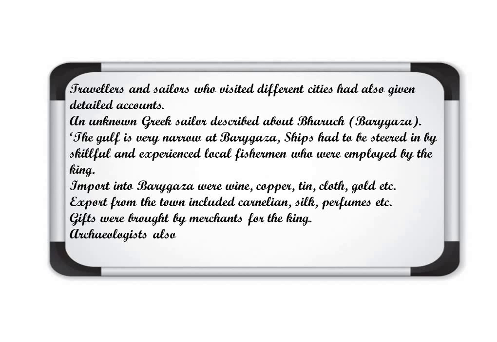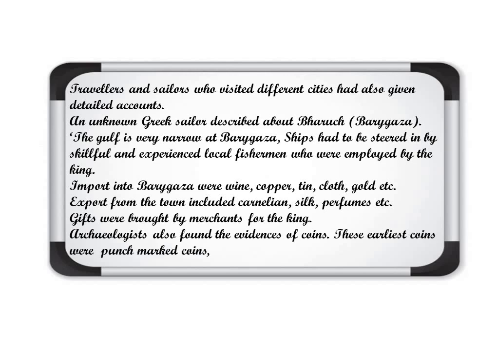Now, archaeologists have found evidence of coins also. These earliest coins were punch marked coins. They were made of two metals, silver and copper. The archaeologists found evidence of coins, which means the exchange was done in coins.